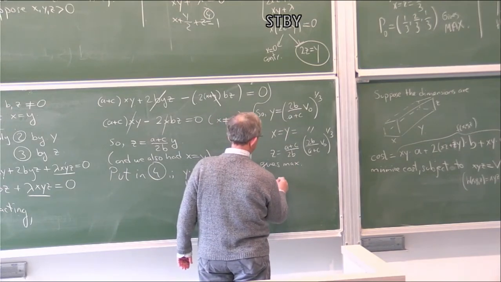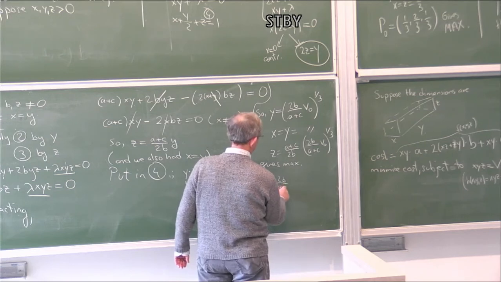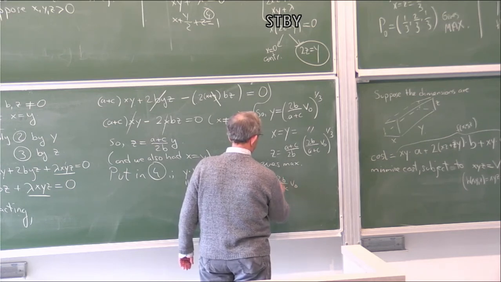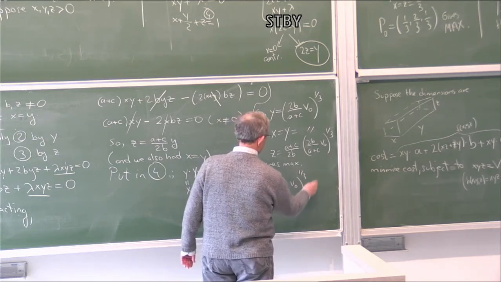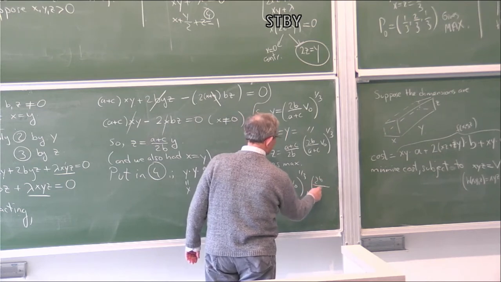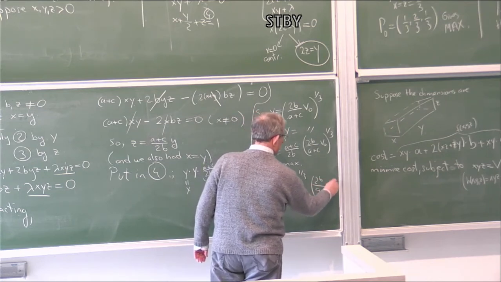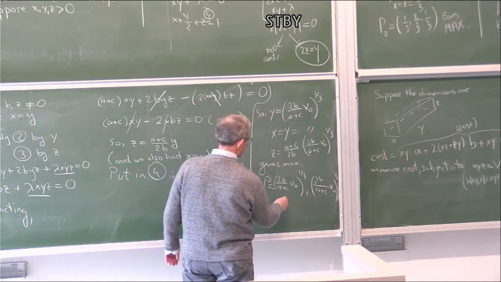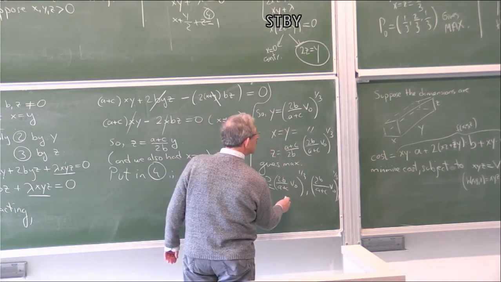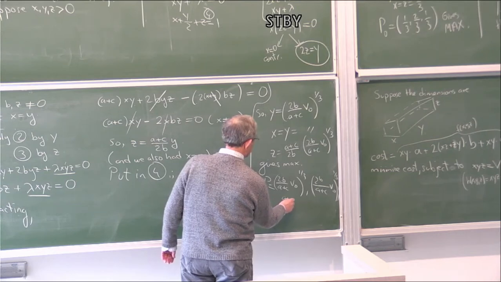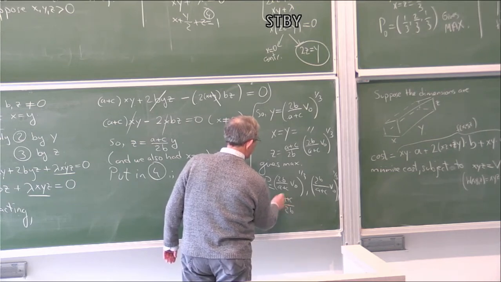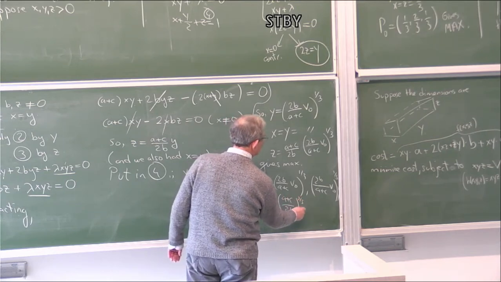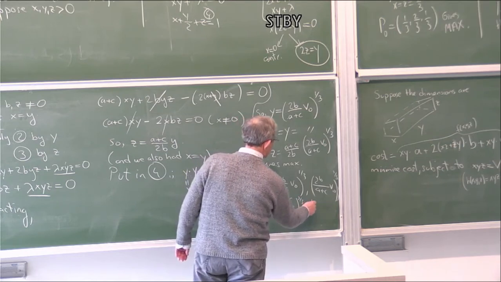So the point is then this. That is, it is 2b over a plus c v0 and the cube root. The second one is the same, and the cube root. And the last one is, that should be a plus c over 2b to the 2/3 times v0 cube.